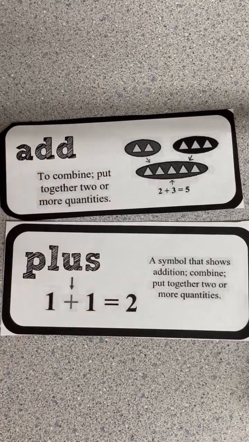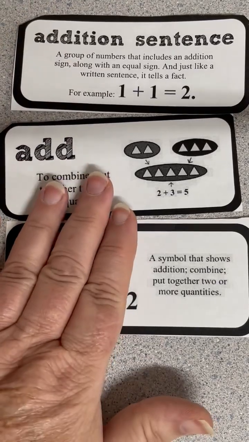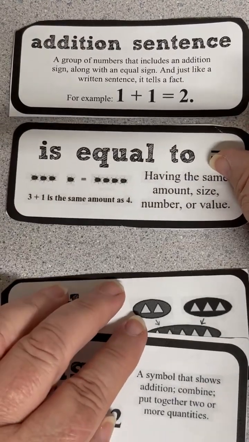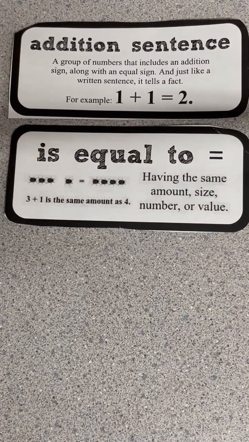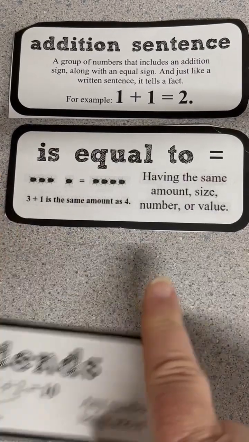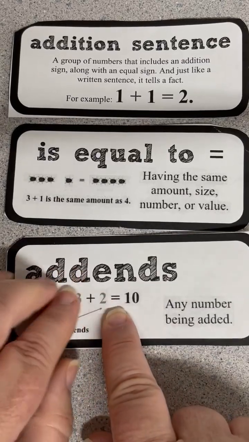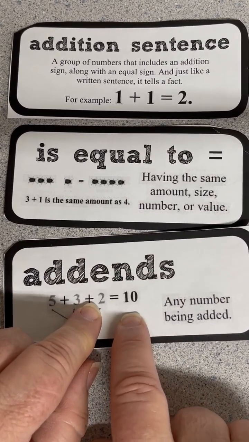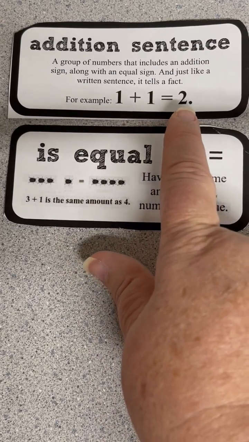Now, let's get our number sentence back there. Now we get to here, and we see is equal to. We have the add-ins, and then at the end, we have 5 plus 3 plus 2 is equal to 10, or 1 plus 1 is equal to 2.